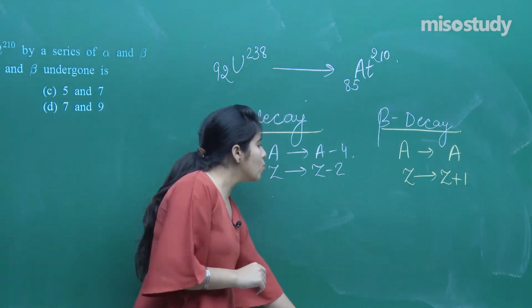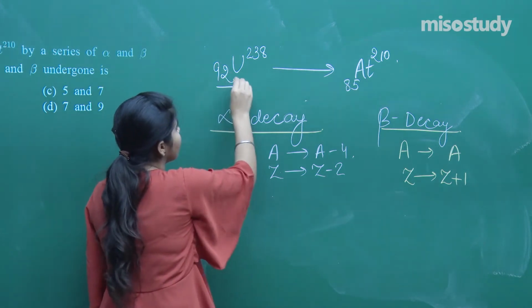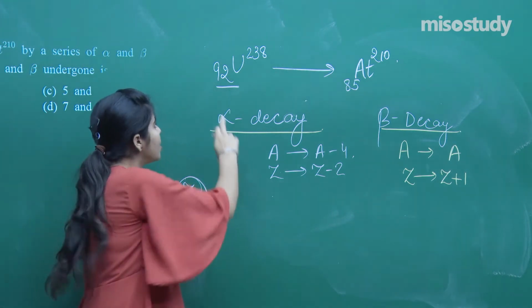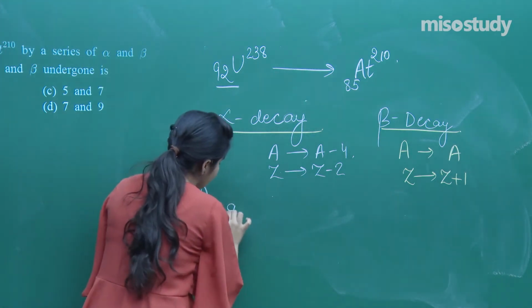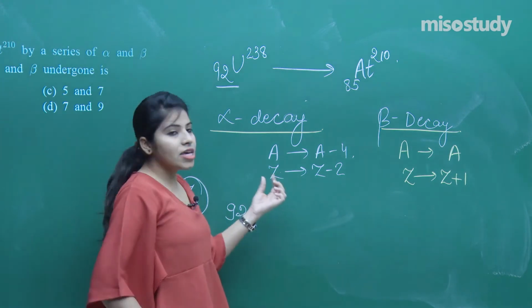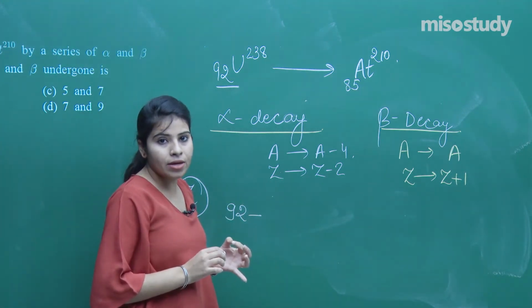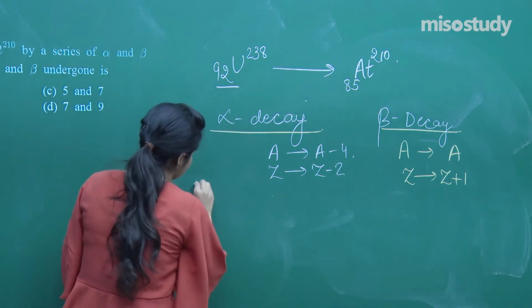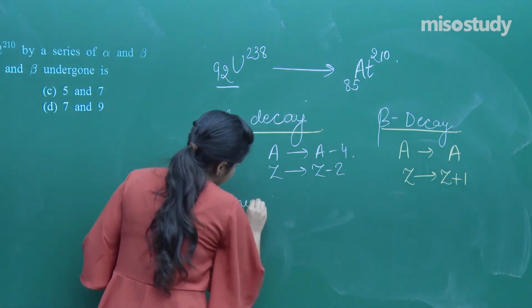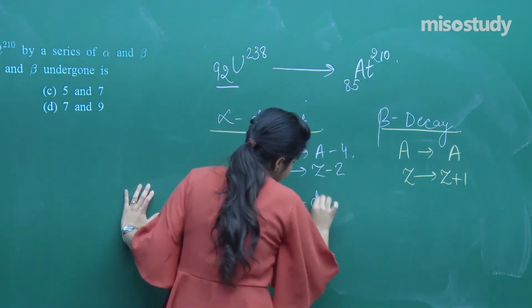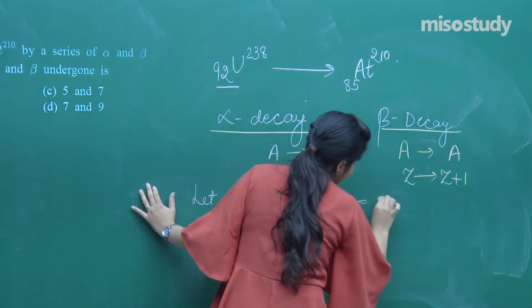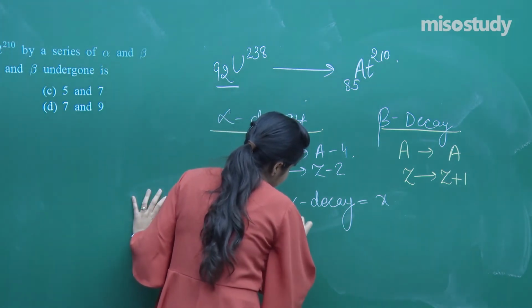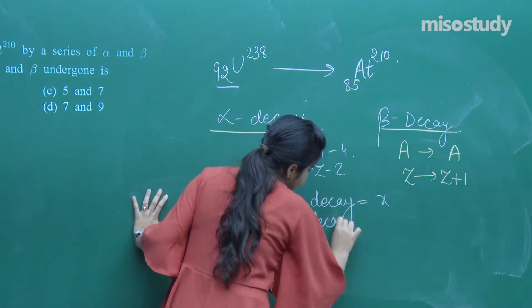So let me just tell you, earlier the atomic number was 92. Let us first suppose that the number of alpha decays equals x, and the number of beta decays equals y.